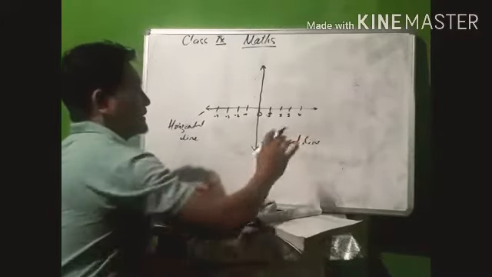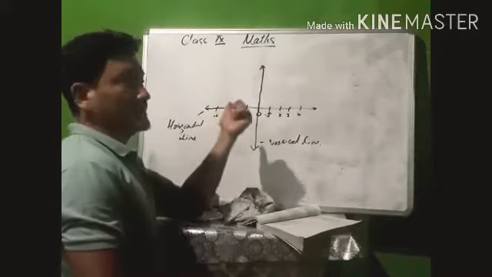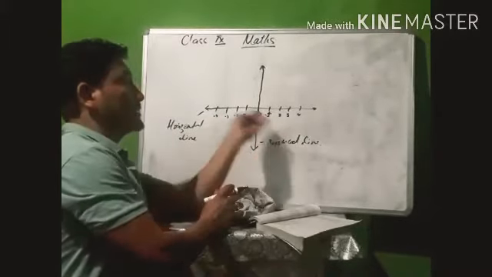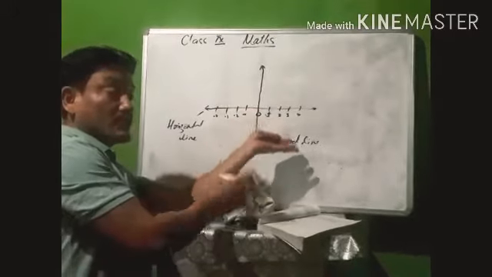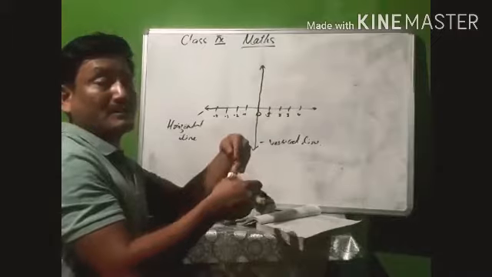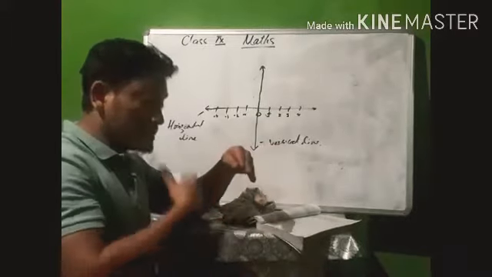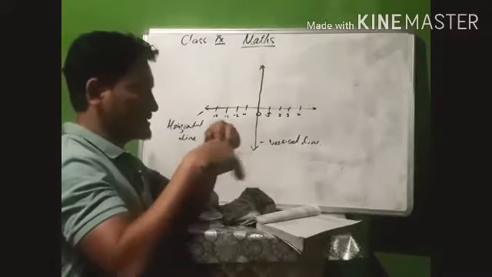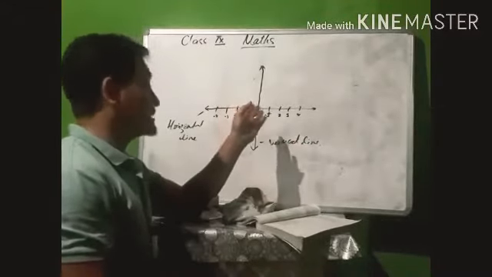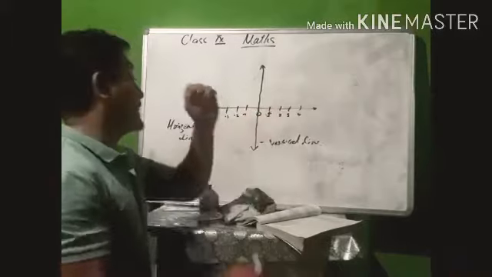These two lines, the vertical line and the horizontal line, come under the Cartesian system. Descartes gave us this system where we need these two lines, one vertical and one horizontal, perpendicular to each other.